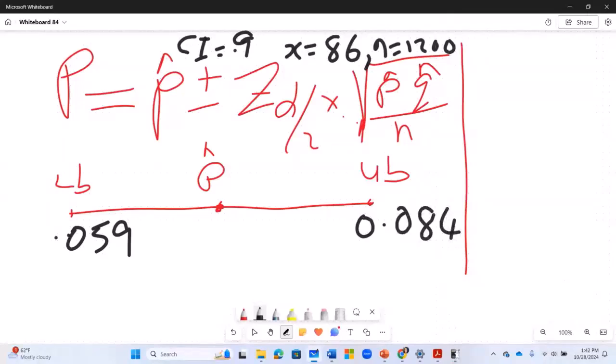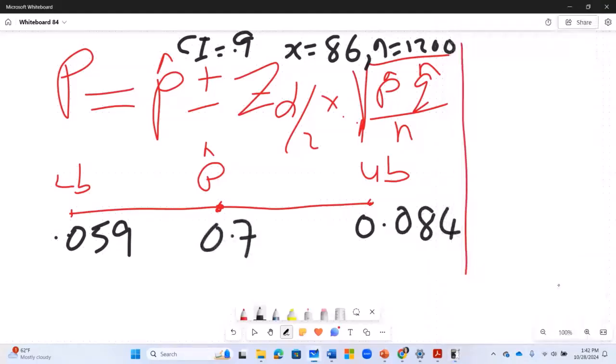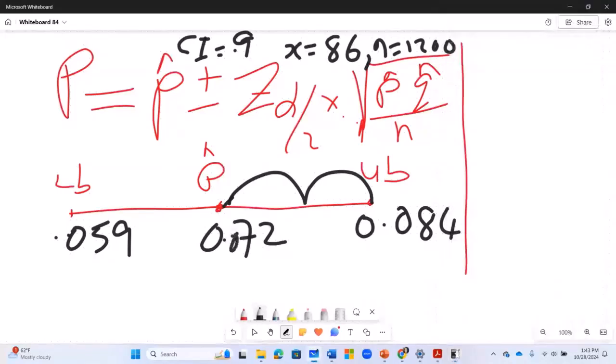If I'm told to find the margin of error, well, anyway, let me first write the point estimate. The point estimate is 0.72. The margin of error is the distance from the point estimate to the upper bound. So all I have to do is 0.84 minus 0.72. That's 0.12.